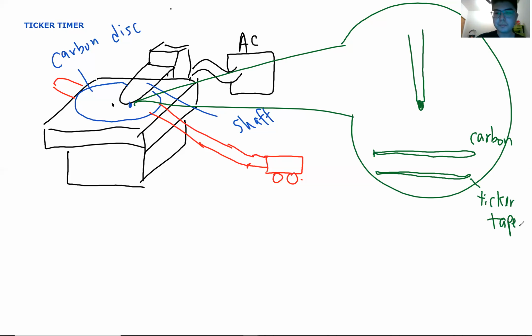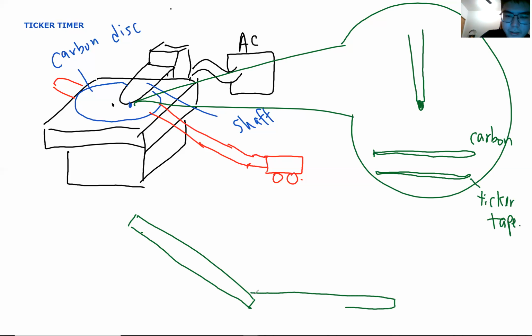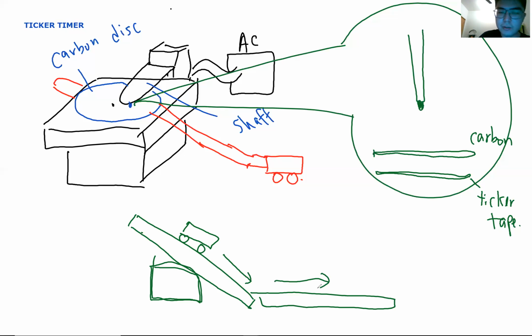Okay, now remember that we use ticker timer to study the velocity, to find the velocity. For example, if my experiment setup is like this, 我放这个斜 incline, I put a block here. Let's say I put my trolley here, and then I let go, right? I let go, and then it moves down, and it moves horizontally to the right.